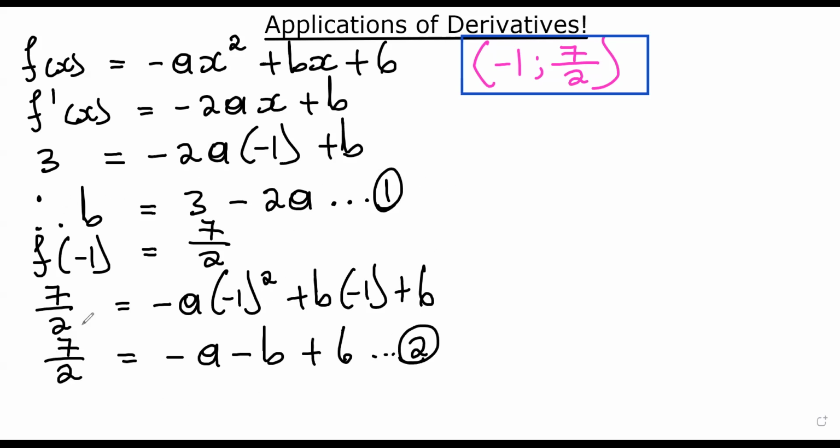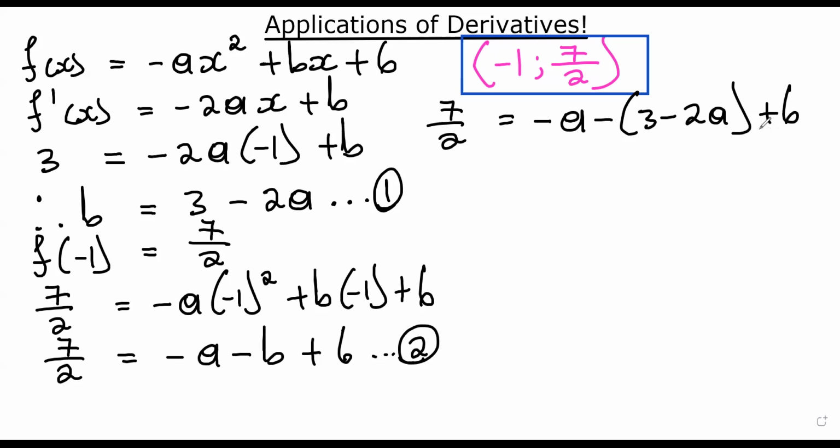Then you take your first equation and substitute it into the second. In other words, every time you see b in the second equation, you actually see 3 minus 2a, and this is added to 6. Now it's time to simplify. We need to distribute the negative sign, and when we do, we get -3 + 2a.